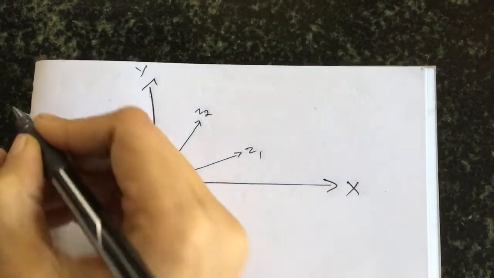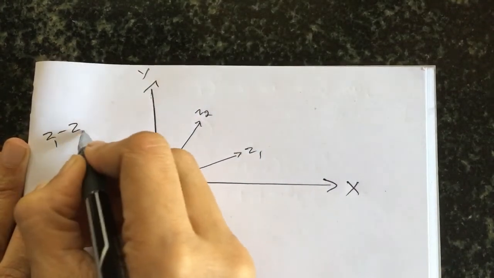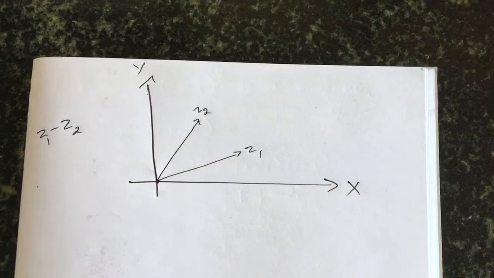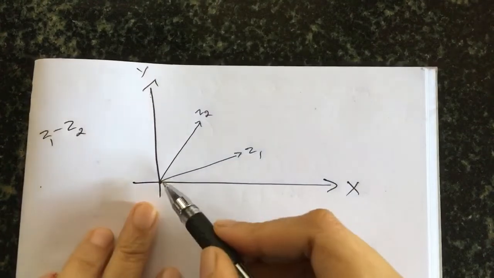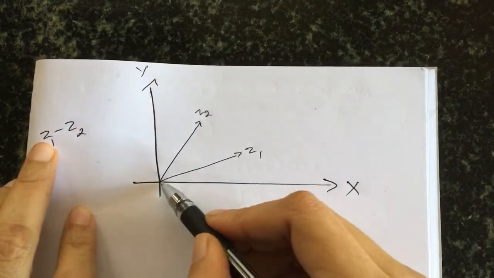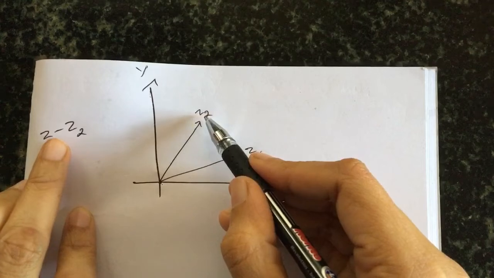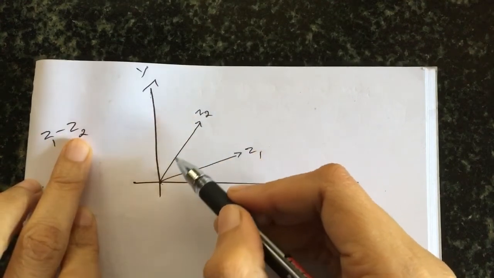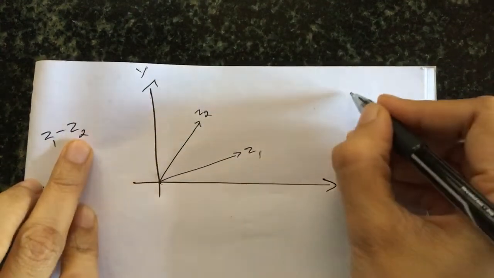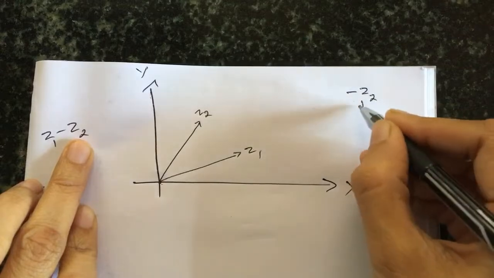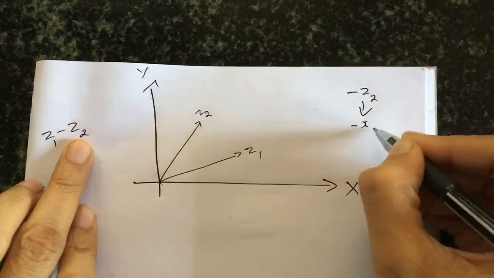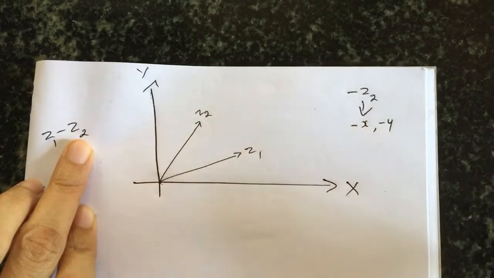I want to draw z1 minus z2. When z2 is in this direction and I say minus z2, its x coordinate is also negative and its y coordinate is also negative.